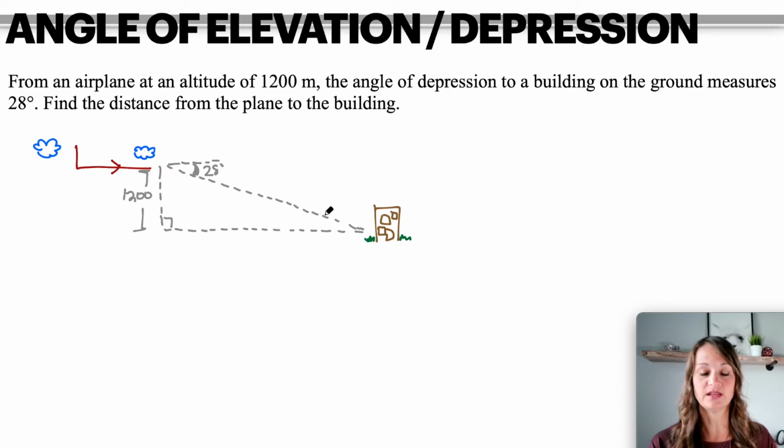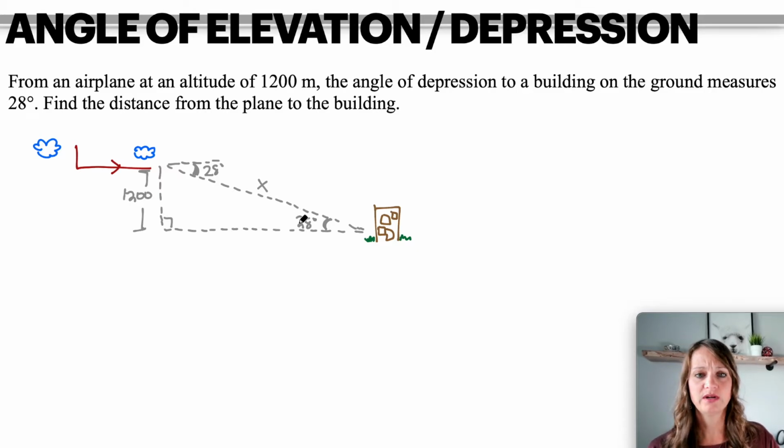So remember us talking at the very beginning about how alternate interior angles are equal. If the angle of depression is 28 degrees, that is the exact same thing as saying that the angle of elevation is 28 degrees. And we want to know the distance from the actual airplane to the building. We are not wanting to know the ground distance, so be really careful about that. The actual plane to the actual building, we're looking for the hypotenuse in this case.